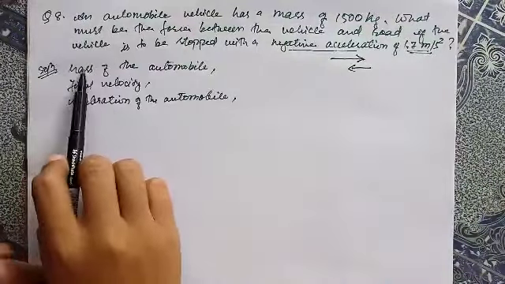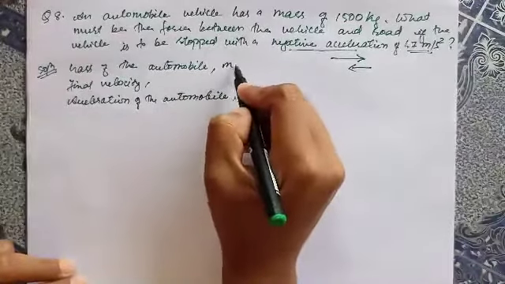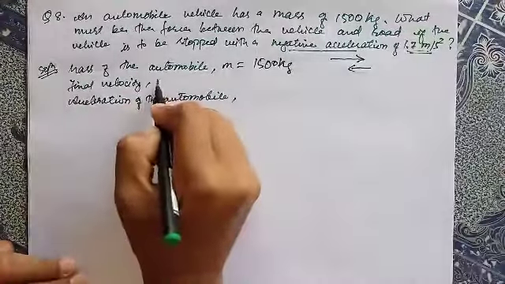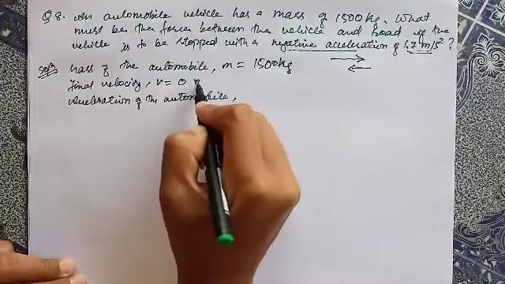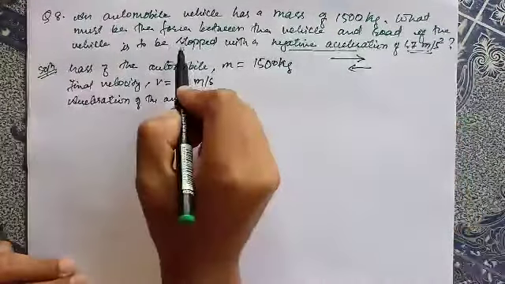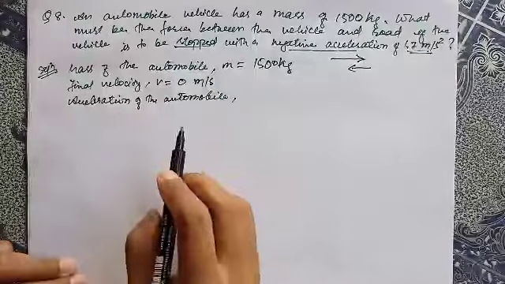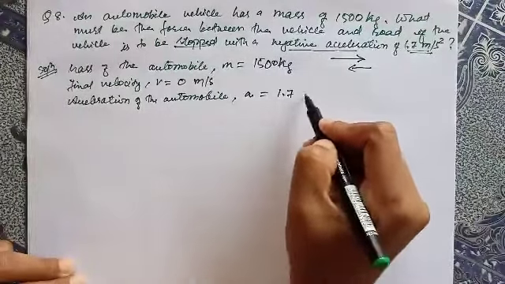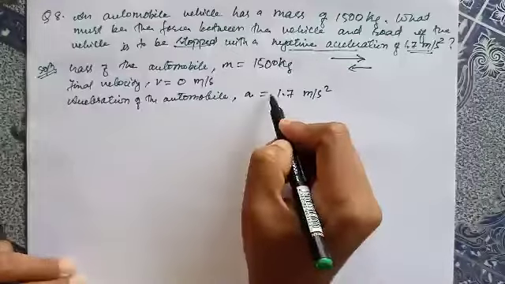So here mass of the automobile m is equal to 1500 kg. Final velocity v is equal to 0 meter per second. Why? Because the vehicle stops. And the acceleration of the automobile is a equal to 1.7 meter per second square. Here it is minus.